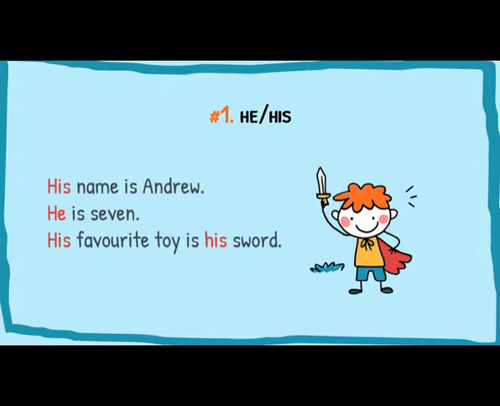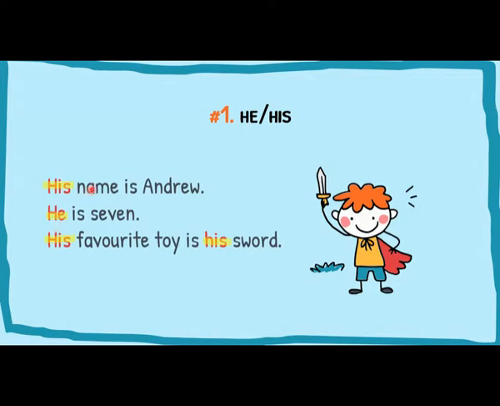Okay, so his name is Andrew. Nama dia Andrew. He is 7. His favorite toy is his sword. Okay, kat sini teacher nak highlight. Kenapa his name is Andrew? Kenapa kita tak cakap he name is Andrew?